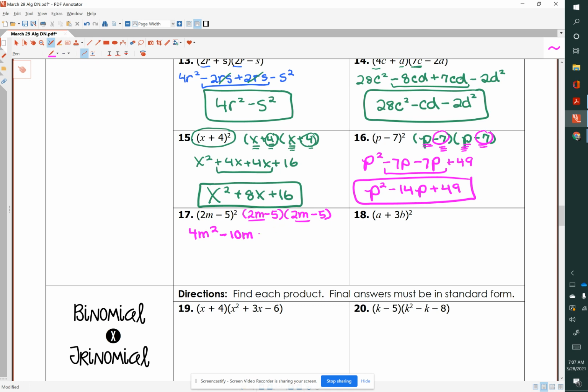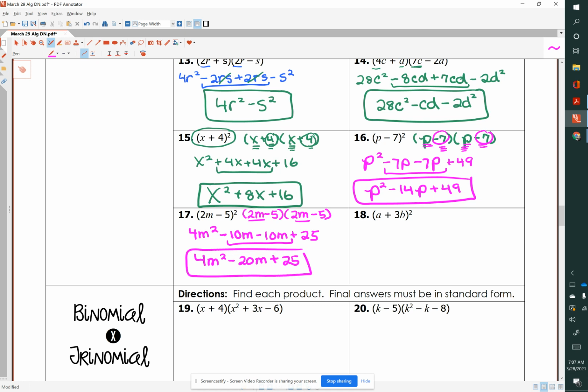Negative 5 times 2m for the inner terms, again, is negative 10m. And negative 5 times negative 5 is a positive 25. We combine the like terms in the center for 4m squared minus 20m plus 25.